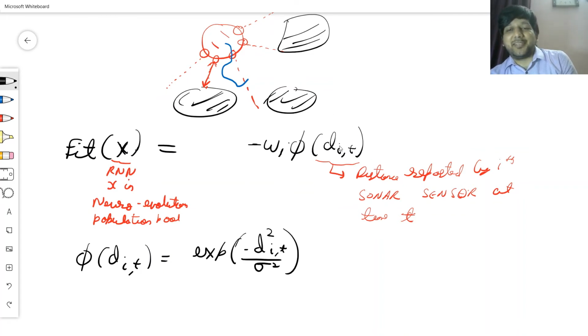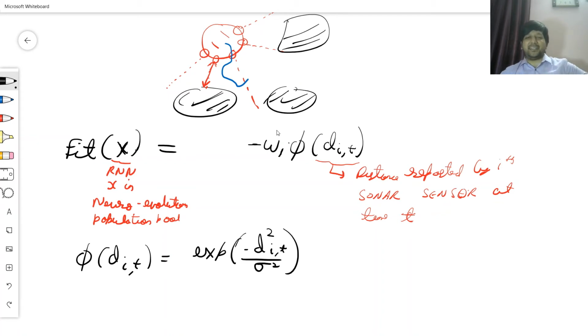I need to keep it close to 0. I don't want it high positive, which denotes a collision. So I need it as small as possible. The fitness function, larger the better. So that's converting a minimization into a maximization by a minus W1 weight. W1 is the importance of this criterion, and minus is this thing.